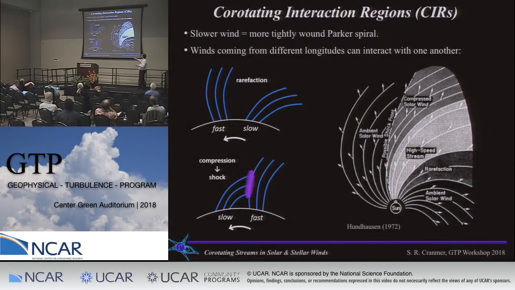If the fast is in front of the slow, the streams separate and you get a rarefaction region, but if the slow is in front of the fast, they collide and you get dense compressions and then eventually hydromagnetic shocks that usually in the solar system form a little bit outside the orbit of the Earth. Usually by Mars they get formed, but we see them starting to form at the orbit of the Earth.